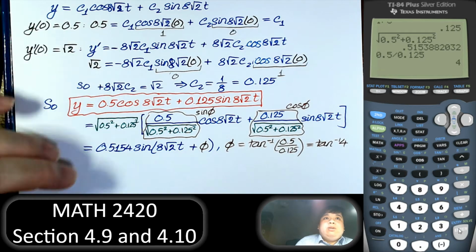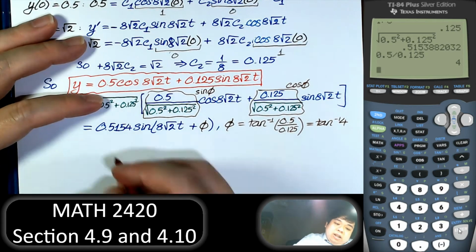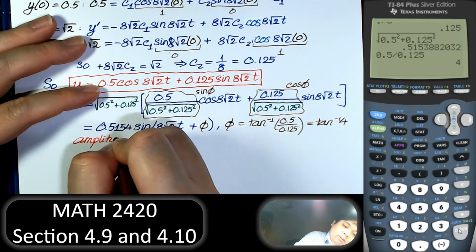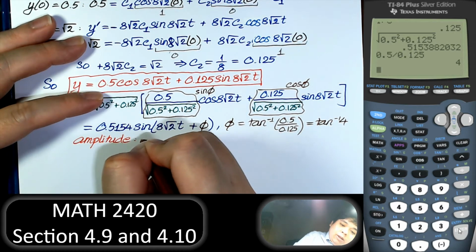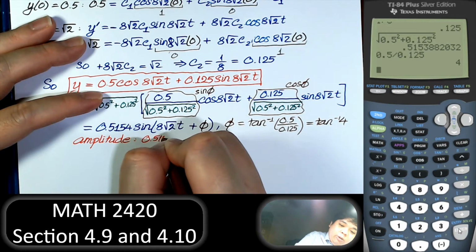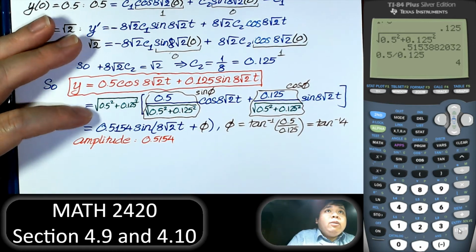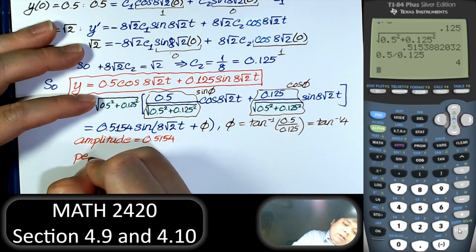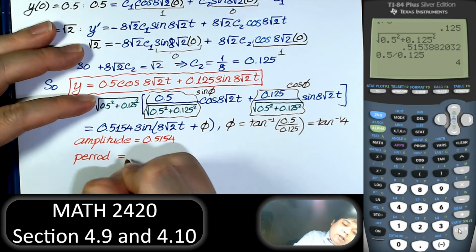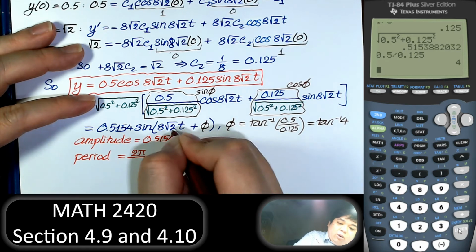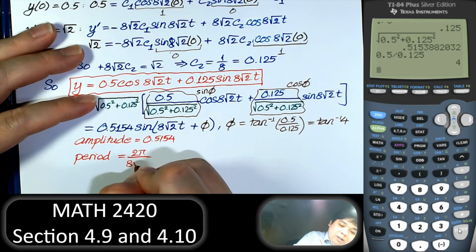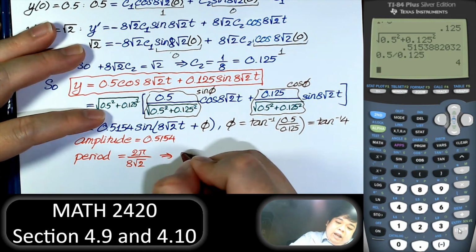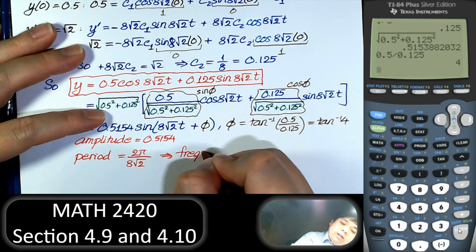So we have the equation. So from here what we can get is the amplitude, 0.5154. The period is 2 pi divided by the coefficient of t, and the frequency is the reciprocal of that.